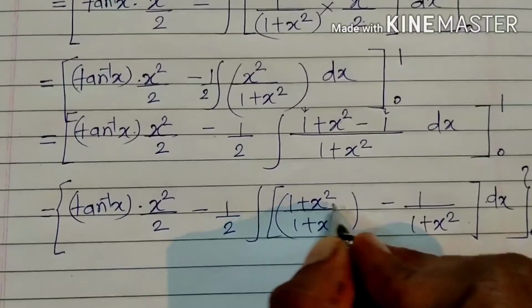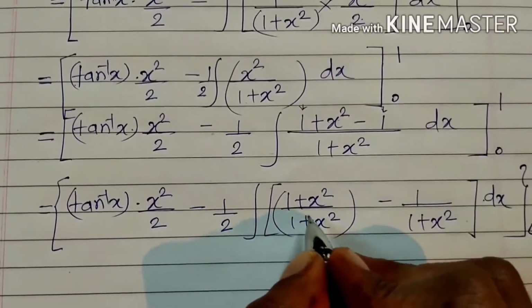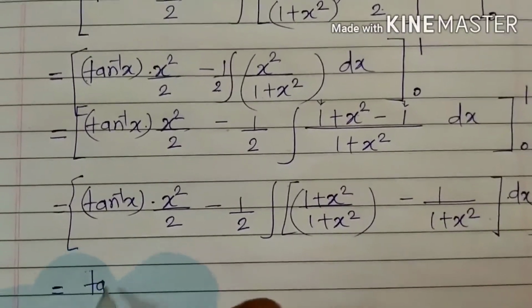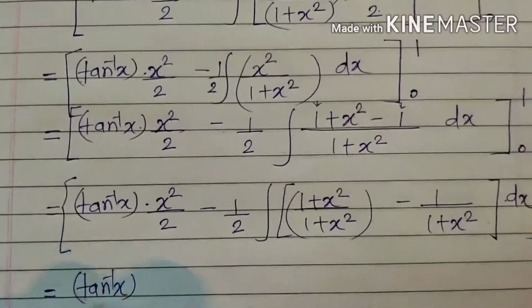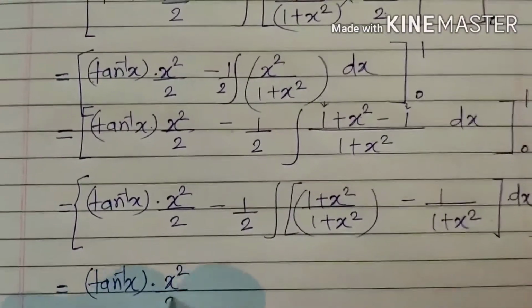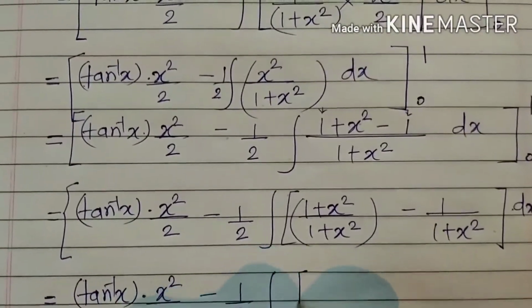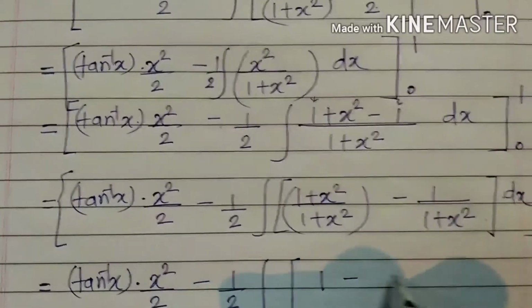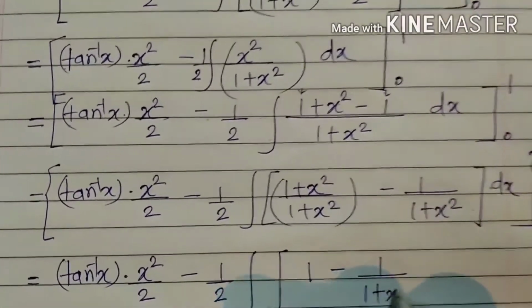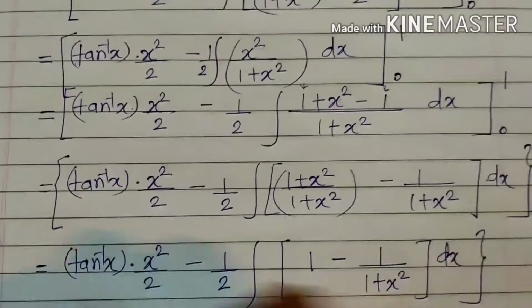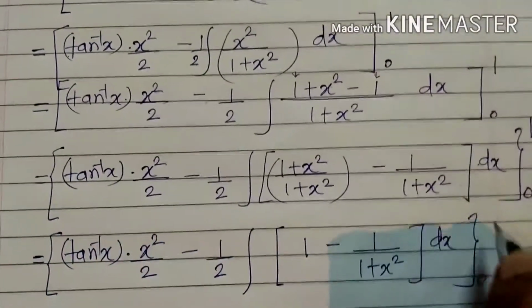Now next, this 1 plus x square cancels, so here remaining only dx. So you can write here tan inverse x into x square upon 2 minus 1 by 2 integration of 1 minus 1 upon 1 plus x square dx, and here limits from 0 to 1.